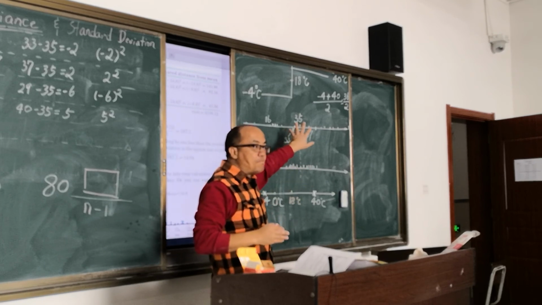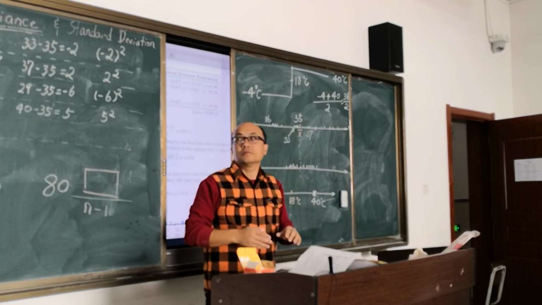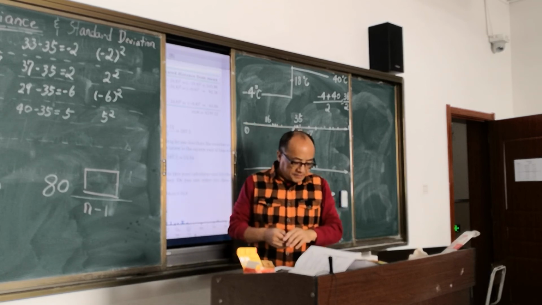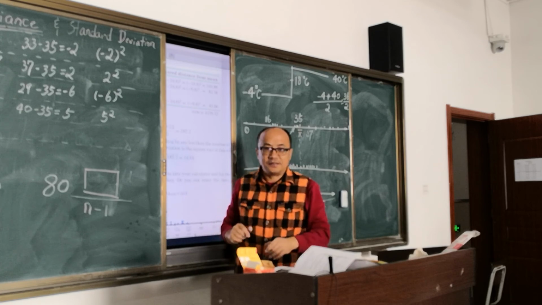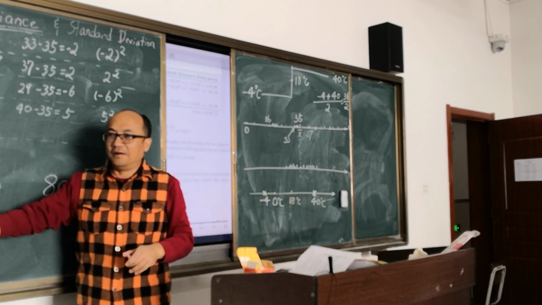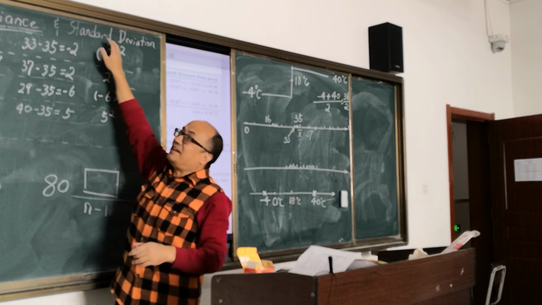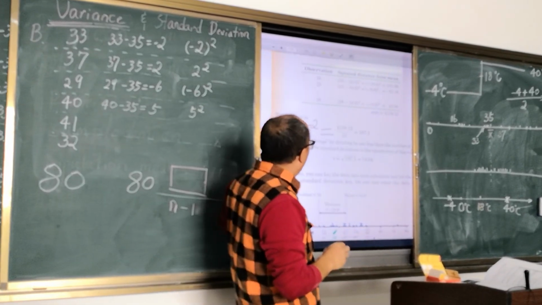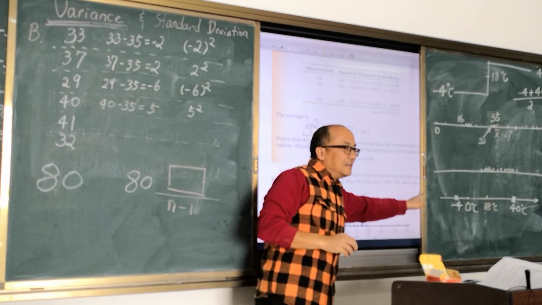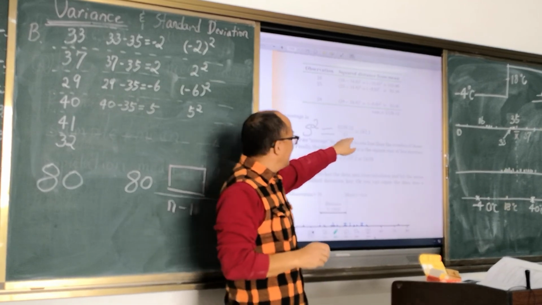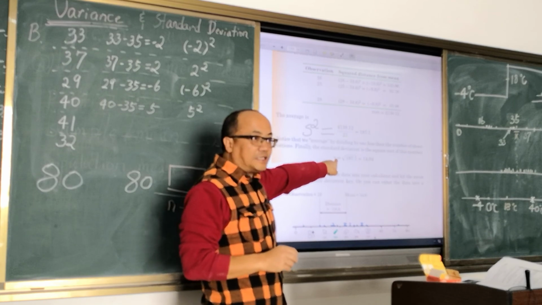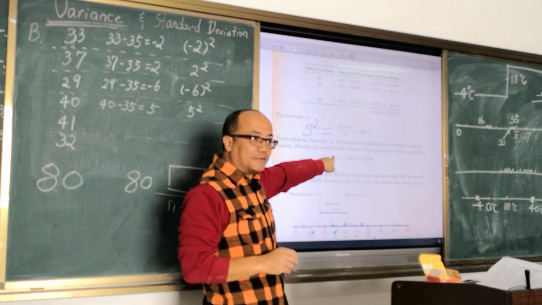There's some kind of punishment. Okay, I still have some time here, and the standard deviation is taking the square root of the variance. I have 1 minute. This is the standard deviation.